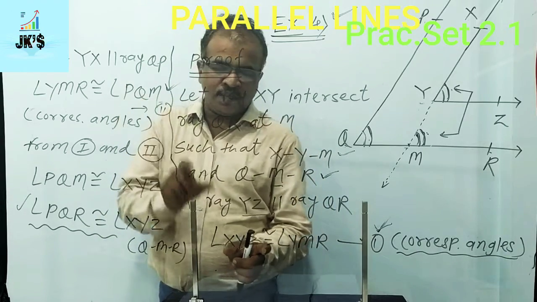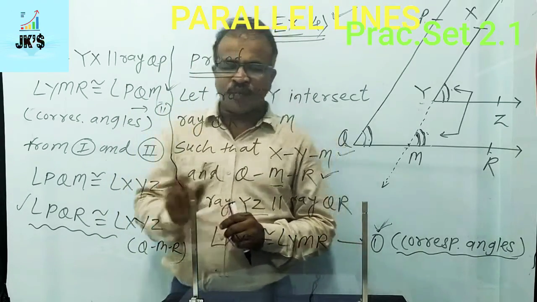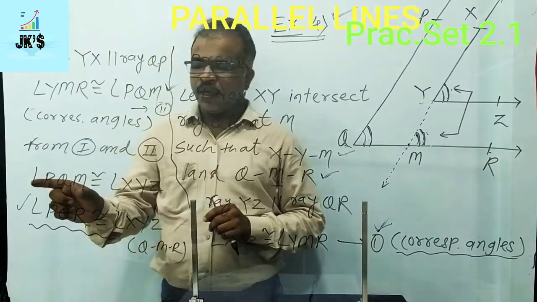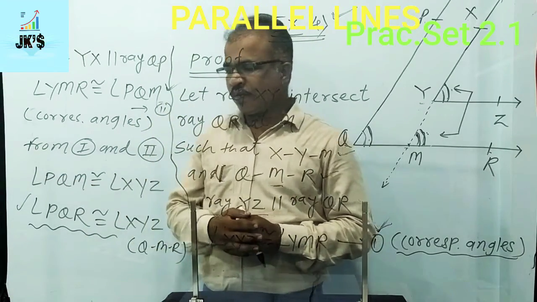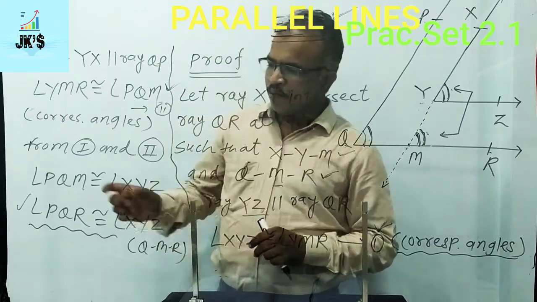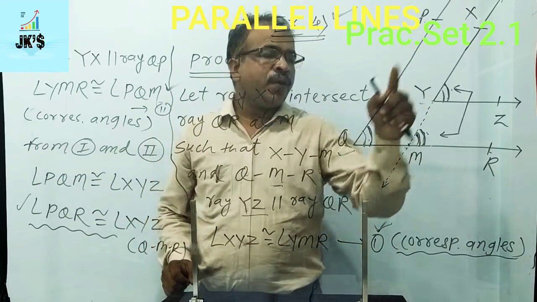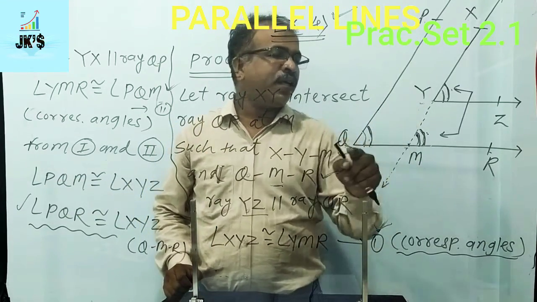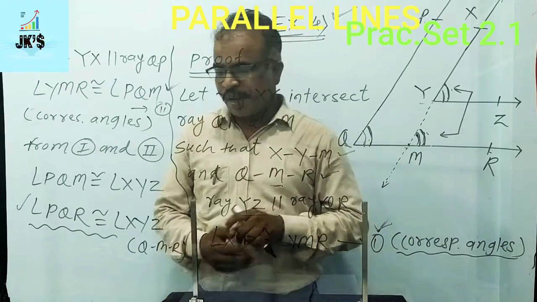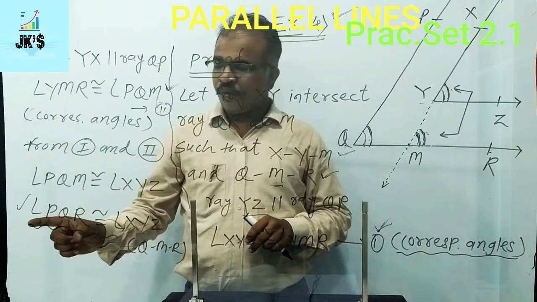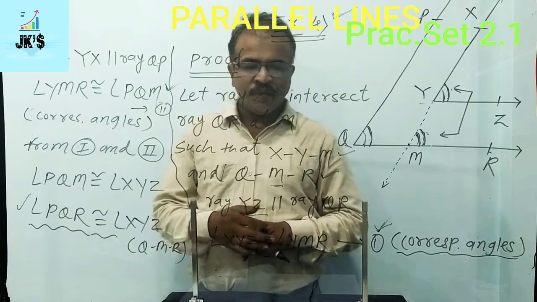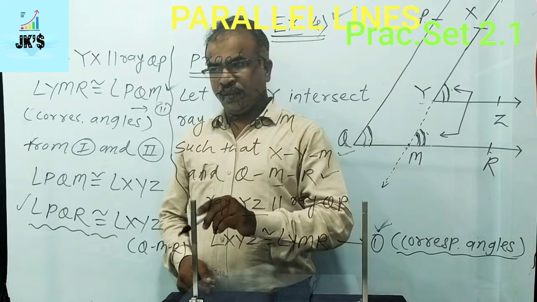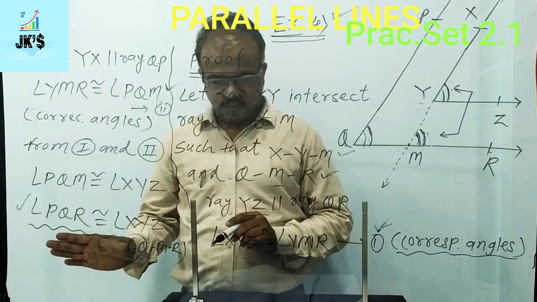Means PQM is congruent to XYZ from 1 and 2. PQM and PQR are the same angle. So PQR is congruent to XYZ. This is what we had to prove.